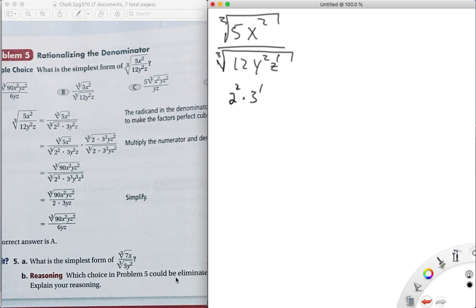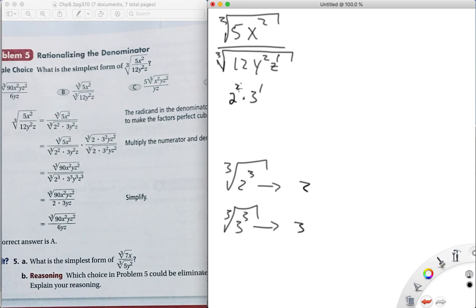And the reason why I'm doing that is because I'm looking for a perfect cube. And this 2 tells me that I need one more 2 in order to turn this into 2 cubed, because the cube root of 2 cubed is 2, right? The cube root of 3 cubed is 3.